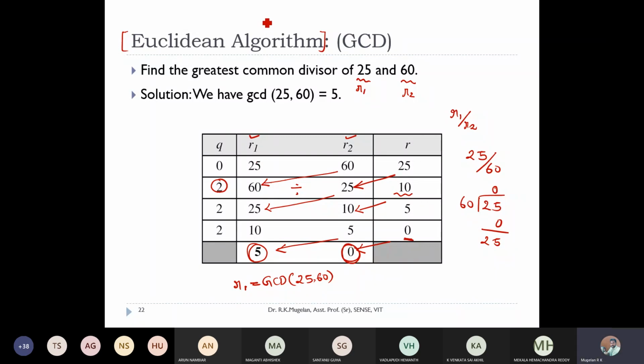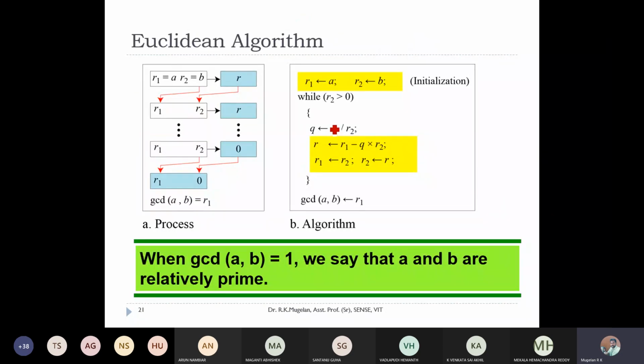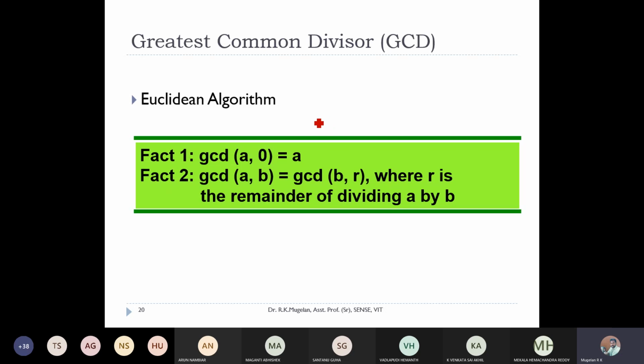Does anyone have any doubt in this GCD part? Whatever I just said is expressed here, and these are the facts of the Euclidean algorithm. If you take the GCD of any integer and 0, the integer itself will come out as the GCD.